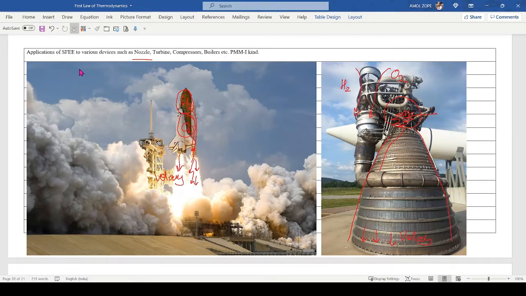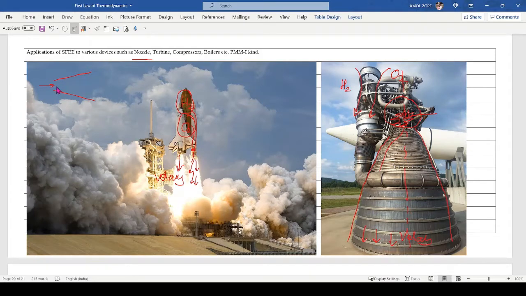So ideally speaking, how can you draw a nozzle? Let us say this way. This is a horizontal nozzle, this is a vertical nozzle, so this is the axis of the nozzle.